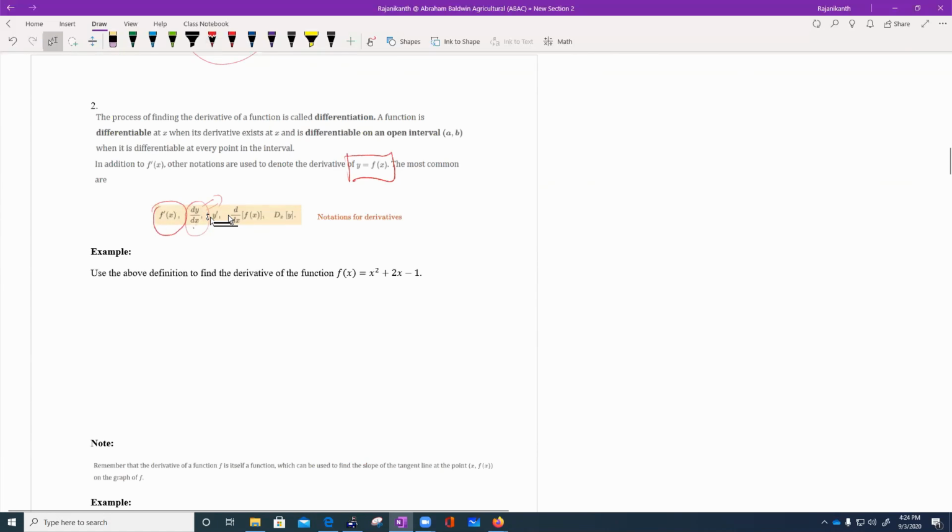Or some books use y prime instead of f prime. Or some books use d over dx of f of x, or you could use D x y. But the most common are these three: f prime x, dy over dx, or y prime. You could use either notation to write down the derivative of function y equals f of x. It's up to you.